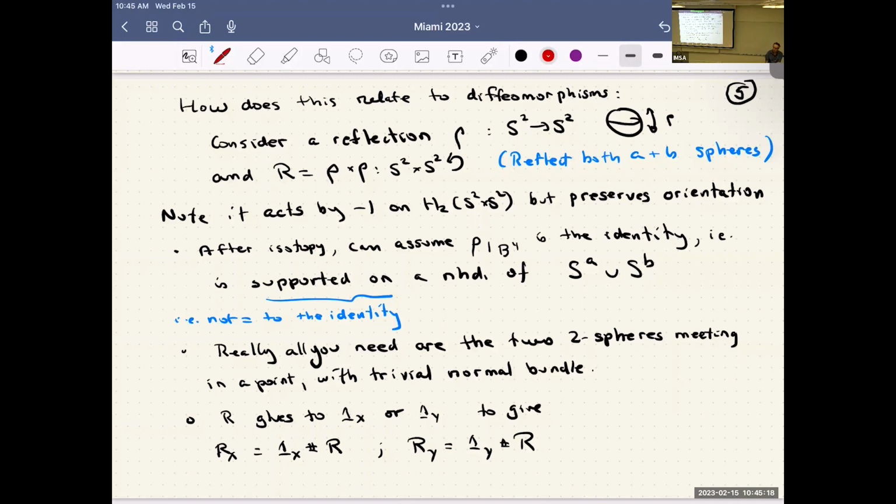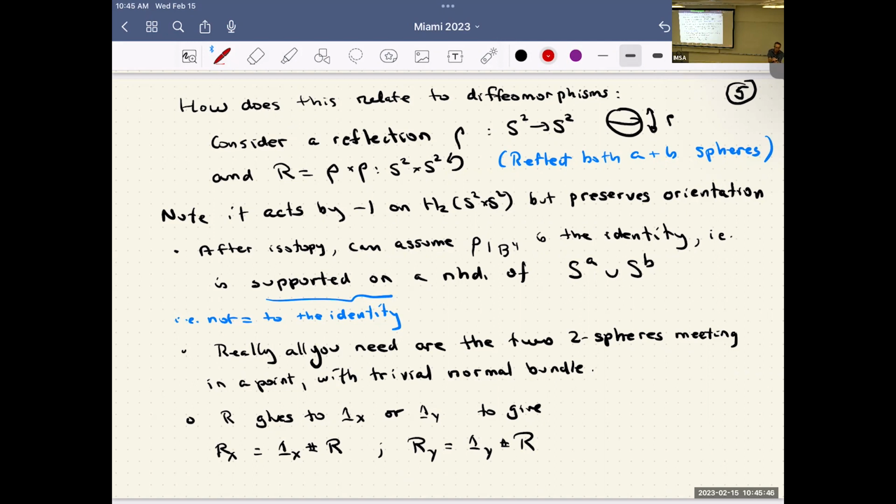Since it preserves the orientation, it fixes points, and you could pick one of those fixed points and do a little isotopy just near that point so that it's actually the identity. I'm going to pretend that we've done that. You might worry about how, but in the end it doesn't turn out to matter much.